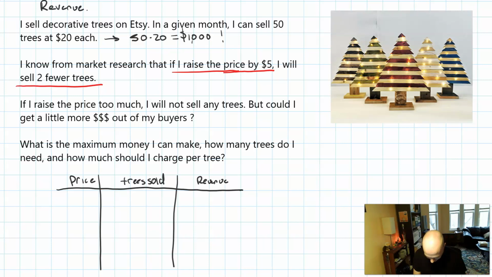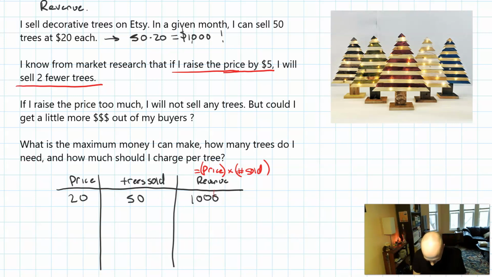So if the price is 20, but I sell 50 trees, then I would make $1,000. That's what I said before. How am I calculating the revenue, by the way? The revenue is always the price times the number sold. And this is the thing that I'm going to be trying to maximize. So it's nice that I've already got an idea for how to calculate that.